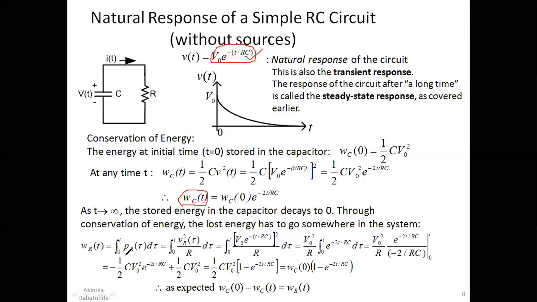Don't forget that one of the expressions for power is V squared over R. So in this case, we have V squared over R here.